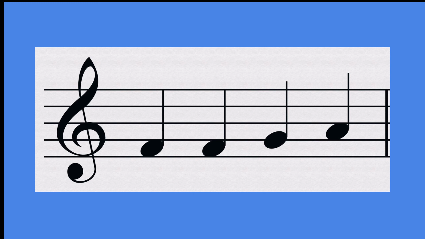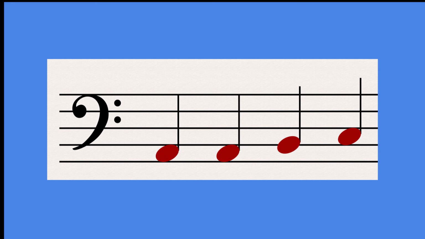Now what if we had the same notes on the bass clef? Well, the letters would be different. They would actually be different notes because it's on the bass clef. So how to find out what these are? Well, you know the bass clef is called the F clef, and the dot on the left-hand side of the bass clef shows you where the F note is.